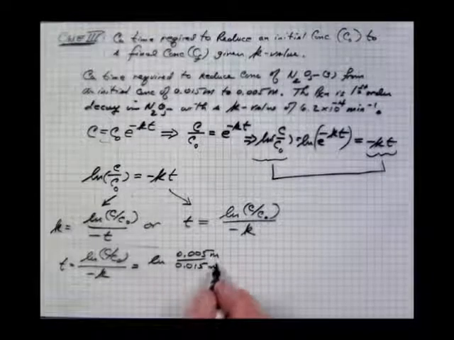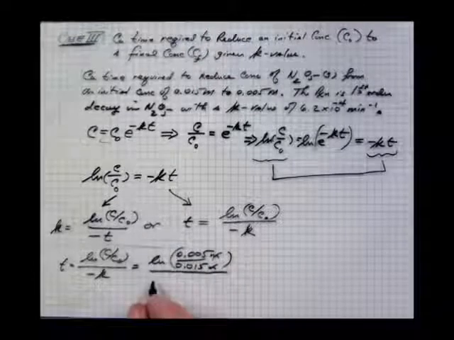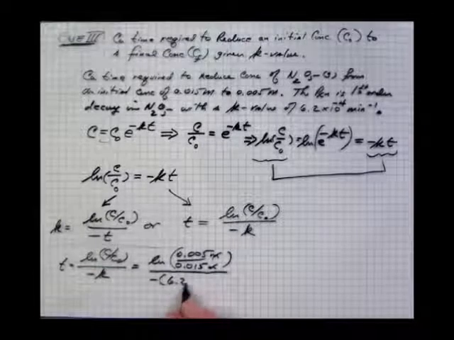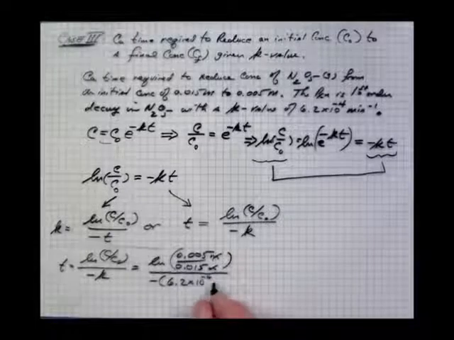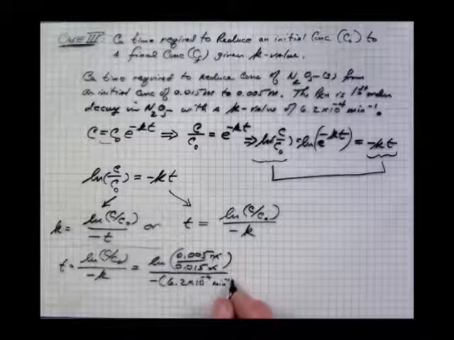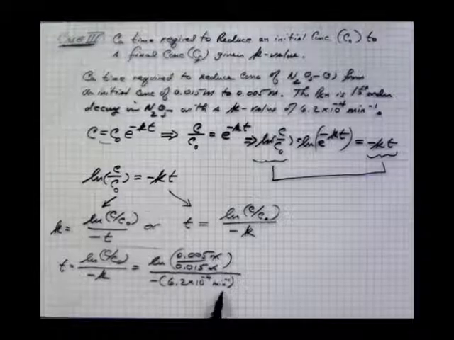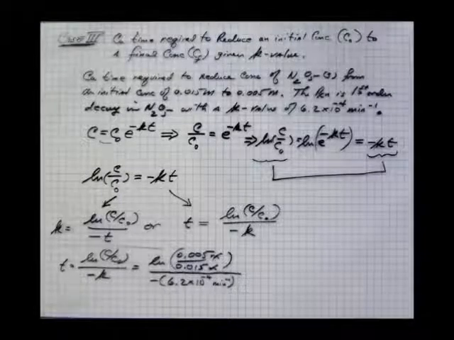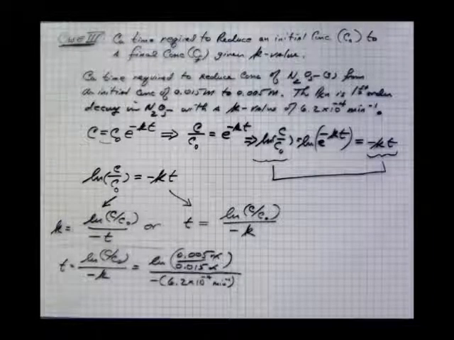I might as well put the units in and cancel them out, divided by minus 6.2 times 10 to the minus 4 minutes to the minus 1. So the time will come out in minutes in the given problem. If you want it in seconds or hours, convert certainly after the fact.